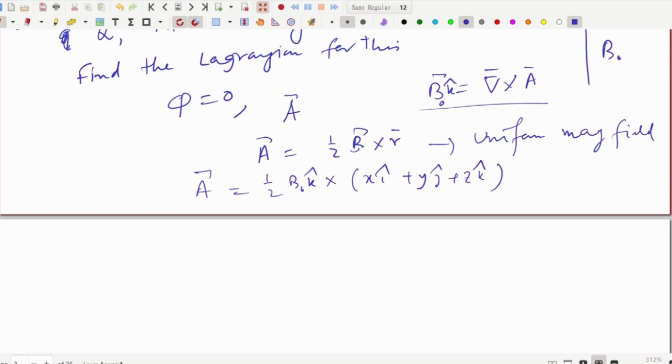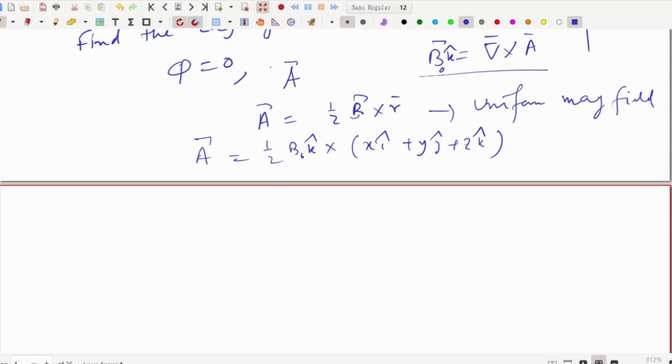Okay. So you can very easily calculate this, and you will find that k cross i is j. So B0 x by 2 j, and the second term k cross j is minus i. So this will be minus B0 y by 2 i, plus 0, since k cross k will be 0.